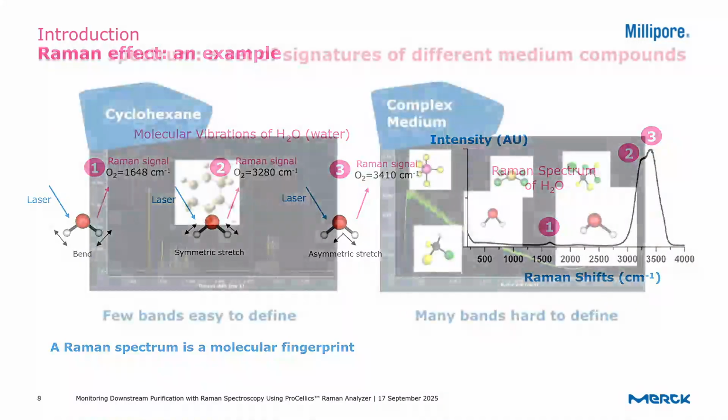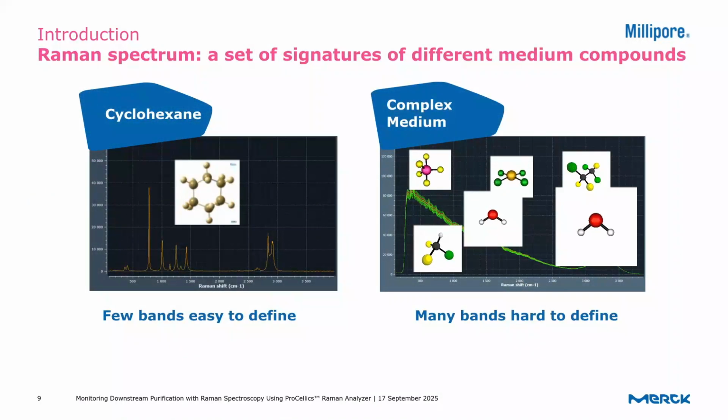If we're just measuring water or a single component, it might be easy to clearly define the concentration. So we have just cyclohexane on the left here. You can see there are very sharp, clear peaks, and in between the specific peaks of interest there's almost no background interference.